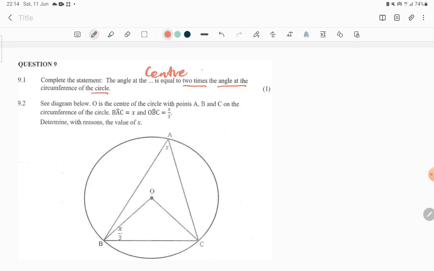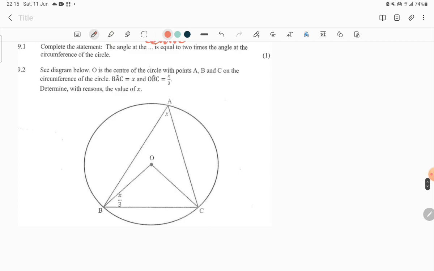So we just had to write center there. And once you know this theorem, they are going to use it in the next questions. It's not a coincidence. The diagram that follows has to use the theorem that you have answered already.